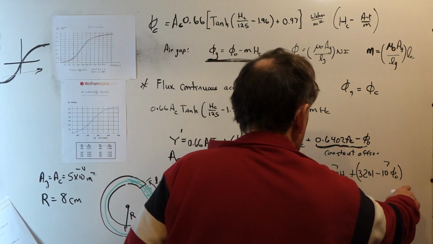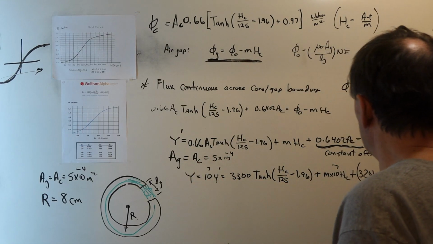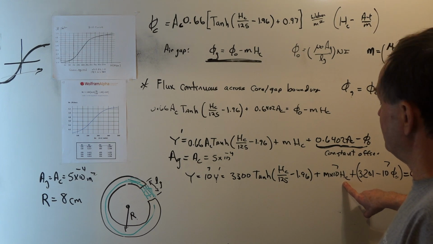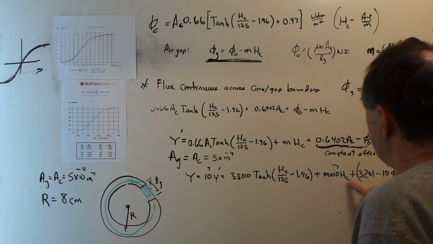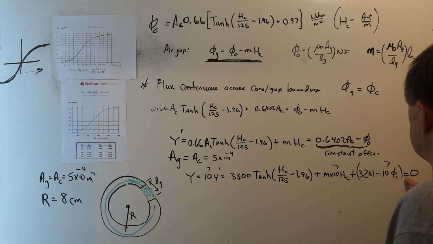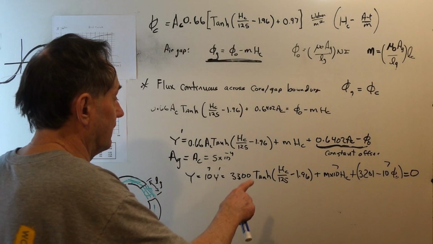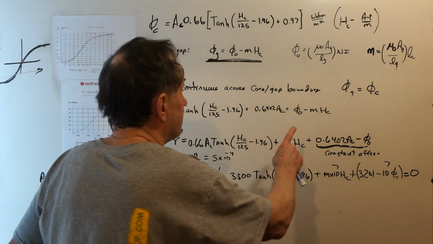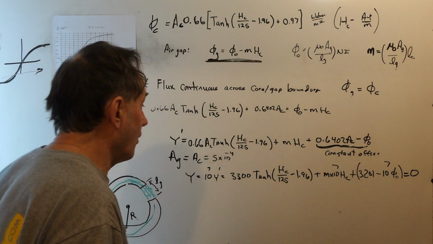And this is what we get right here. So I now have an expression for Hc, the H field in the core. The value of Hc that satisfies this equation, that is, makes this equation vanish, goes to 0, is the operating point. That value of Hc will make the flux in the gap equal the flux in the core.